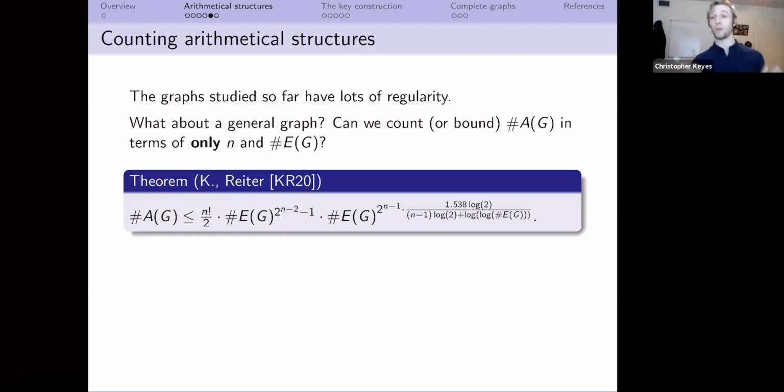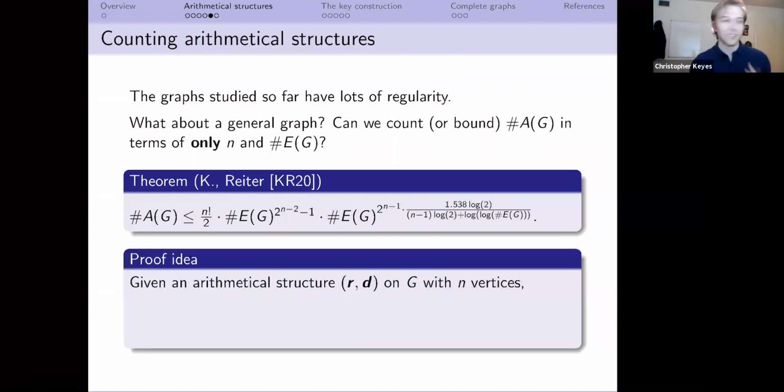This is way, way worse. So yeah, that's a great question. And it brings up the point that this general bound has to be worse because it takes into account no information about the graph. And I don't think we should expect it to do anywhere near as good as those counts do in those cases.